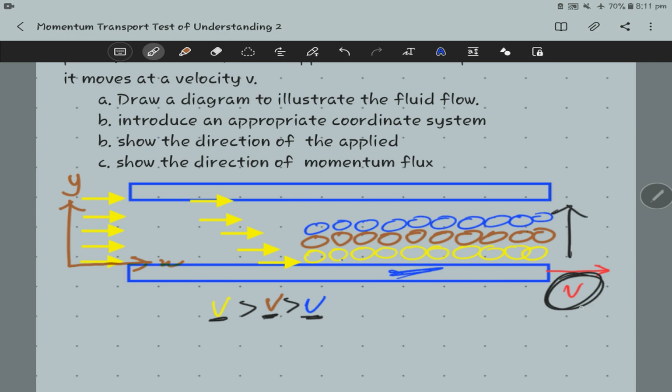Because it has a velocity, it will have a momentum. Let's make it capital M. Momentum M is equal to mass times velocity. Because these particles have a particular mass, they'll try and transmit this momentum. And flux basically means a quantity per cross-sectional area.